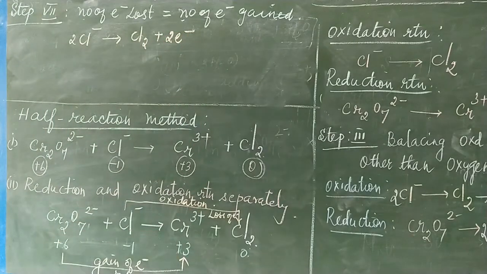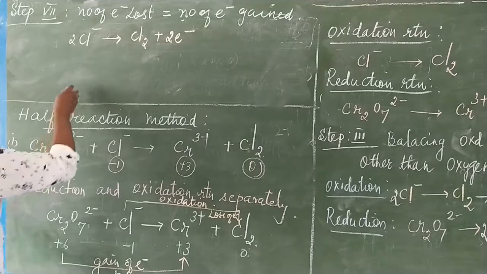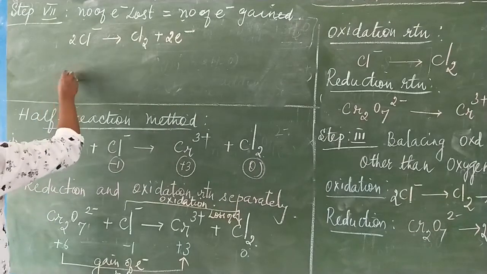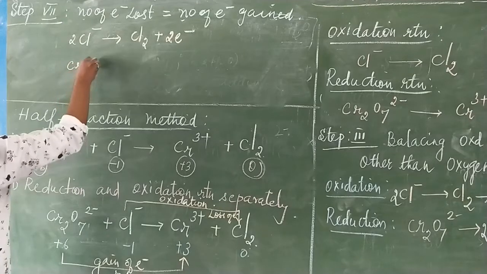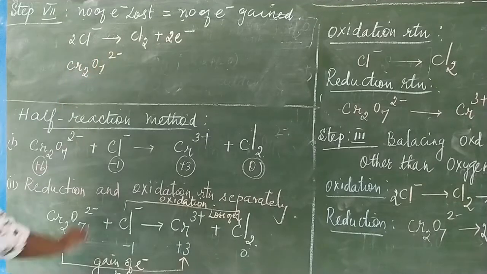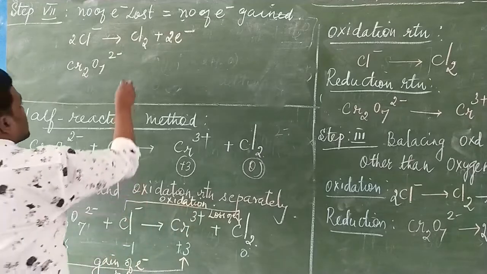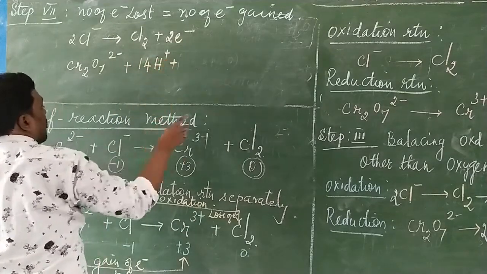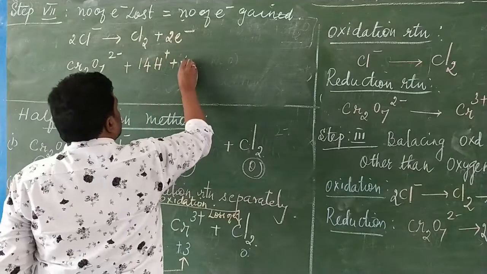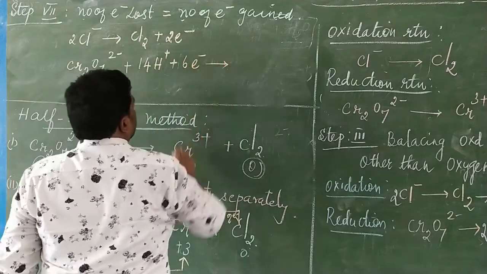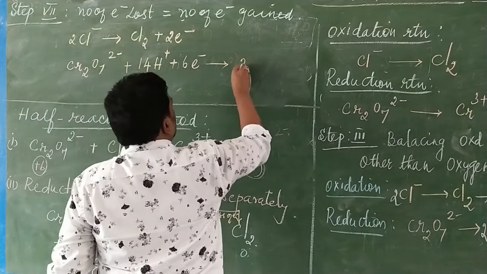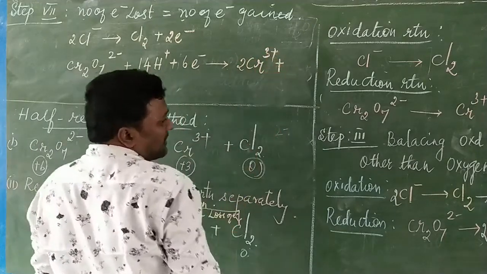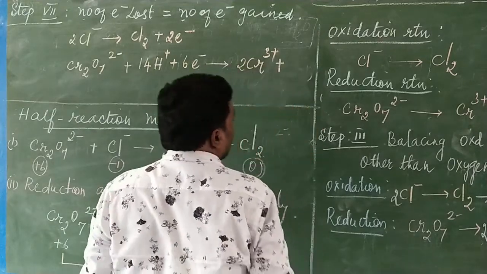Then we write the reduction reaction: Cr2O7 2- plus 14H+ plus 6 electrons giving rise to 2Cr3+ plus 7 molecules of water.